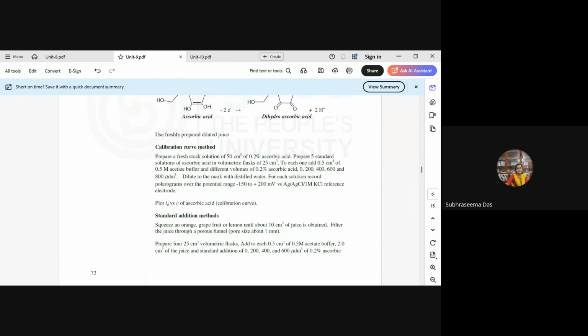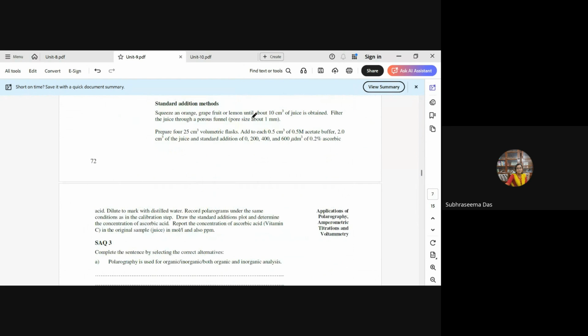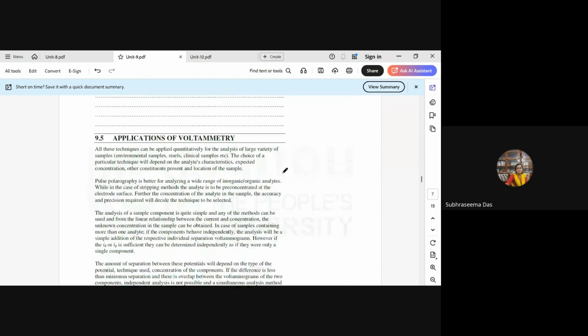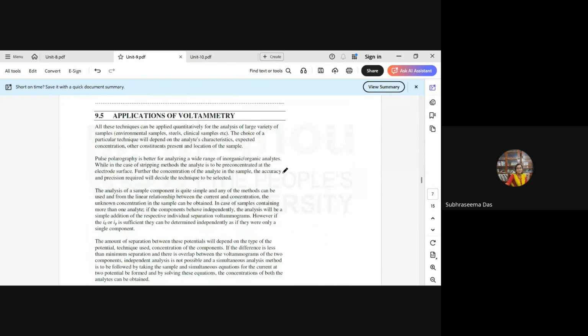Using freshly prepared citrus juice, it can be done. The juice will be taken and we will add different amounts of buffer. Then the polarogram can be recorded, and by comparing with the standard curve, we can find out the concentration.